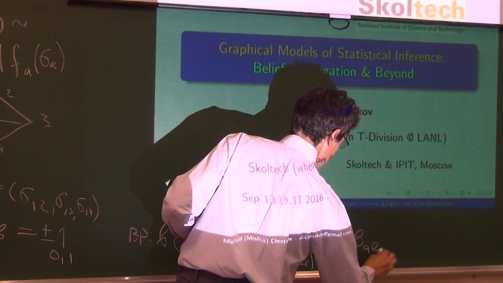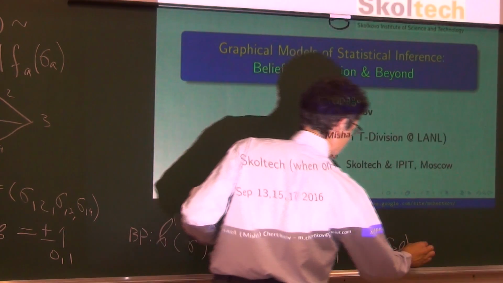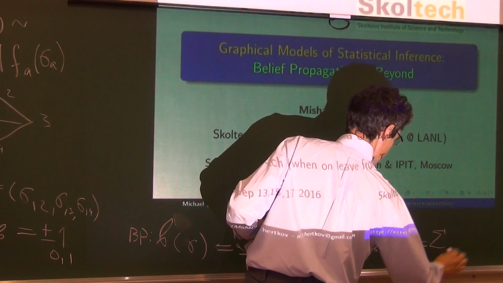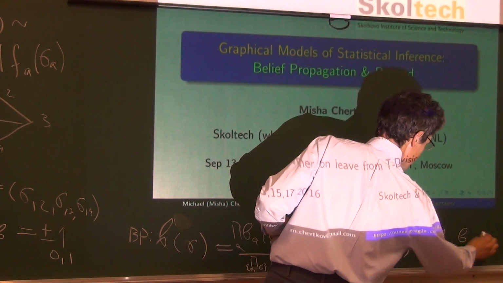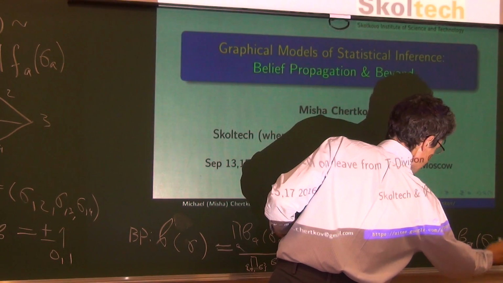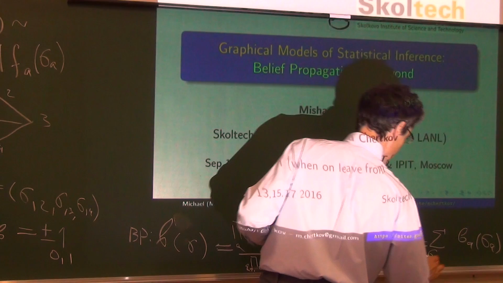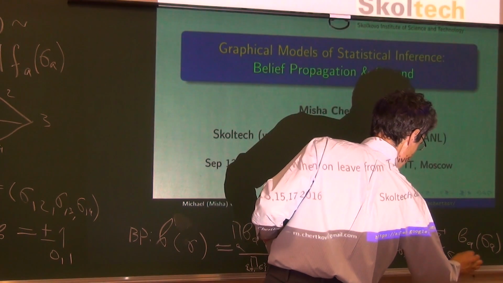So if I take one particular edge, and if I now try to relate it to the belief associated with a vertex by doing marginalization with respect to all components of sigma A but sigma AB.